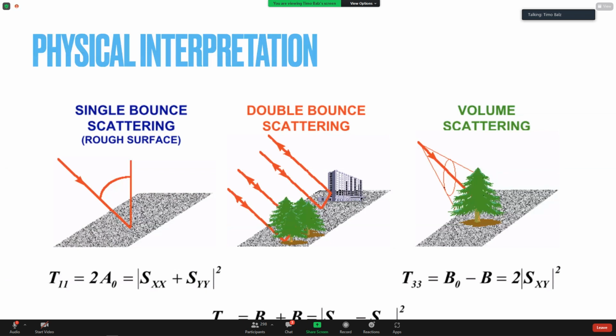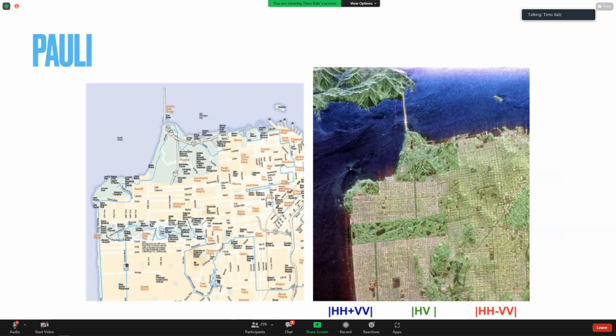Here, in that simple case, is the Pauli matrix. You can see the single bounce is more bluish, the volume scattering is green in the image, and the double bounces are more red. And so you see that we find more double bouncing in the urban areas.